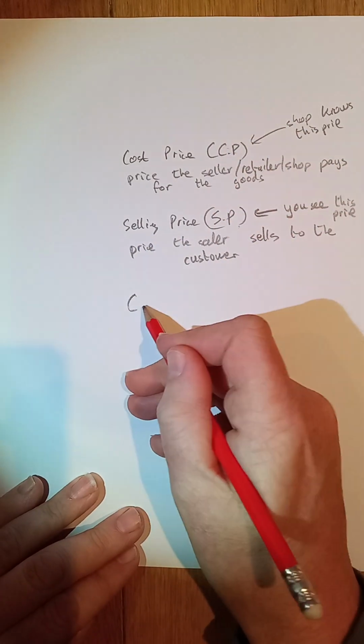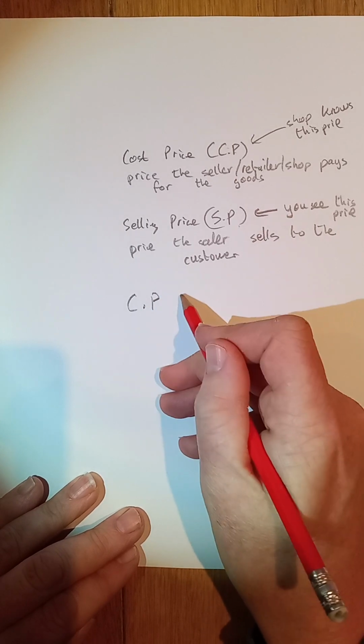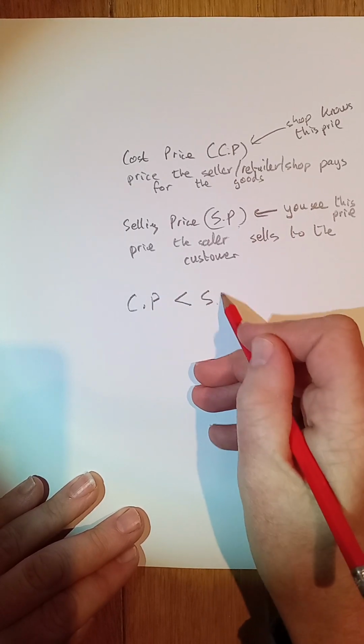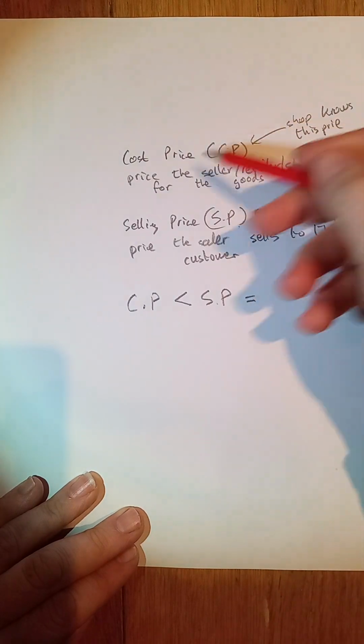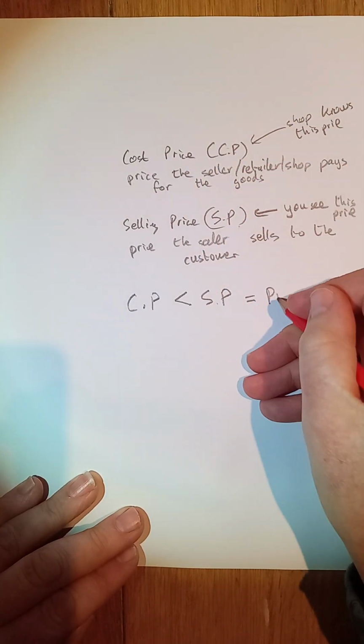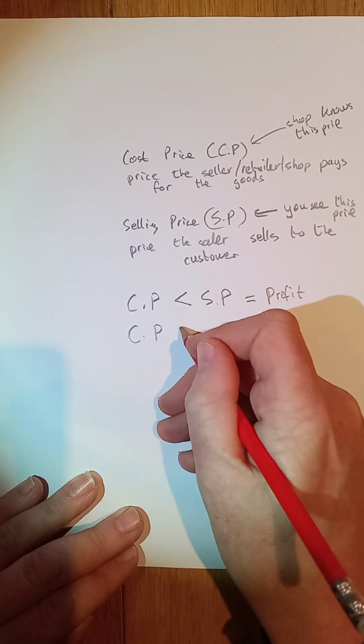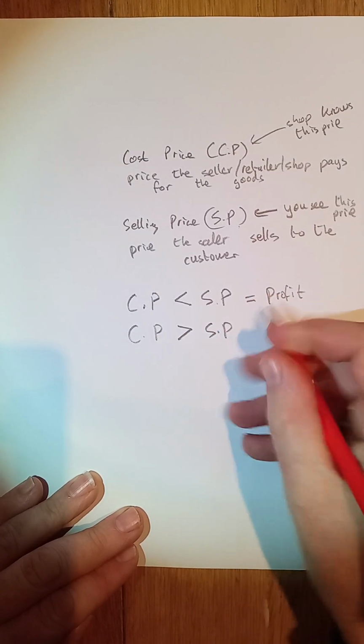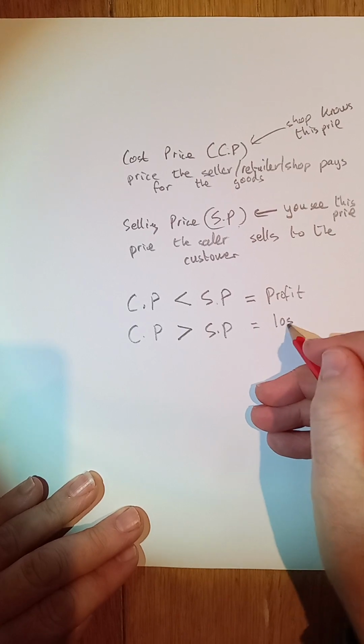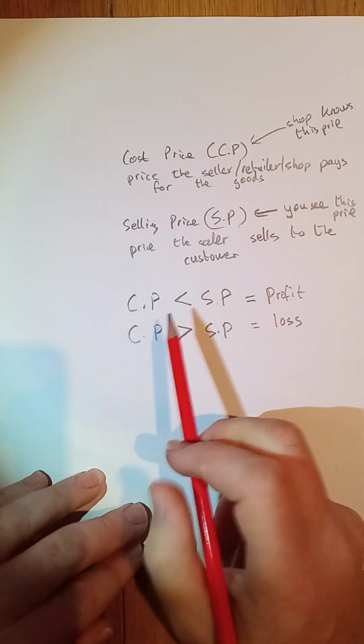And if the cost price is less than the selling price, whoever is selling makes a profit. But if the cost price is greater than the selling price, it'll be a loss. Okay, so it's as simple as that.